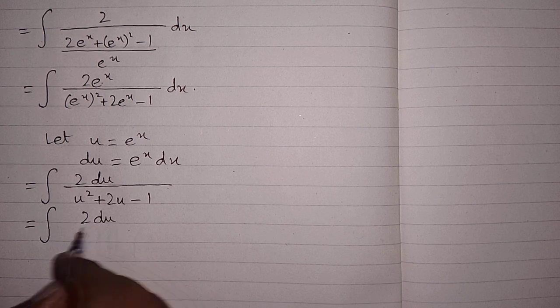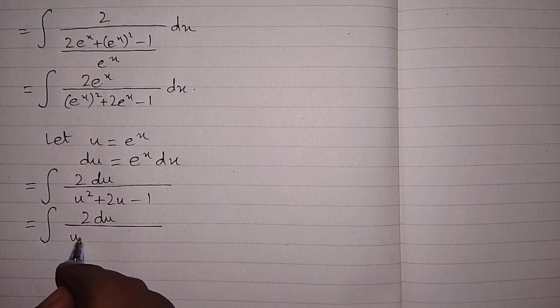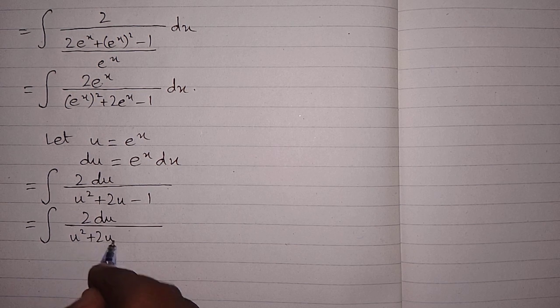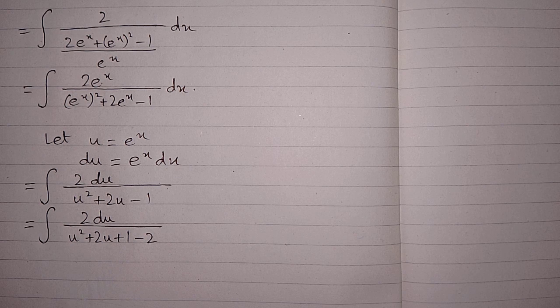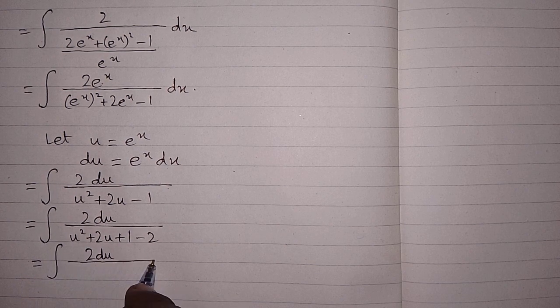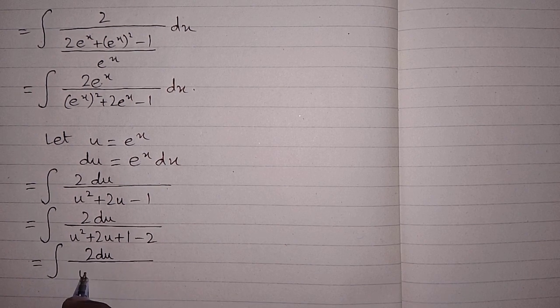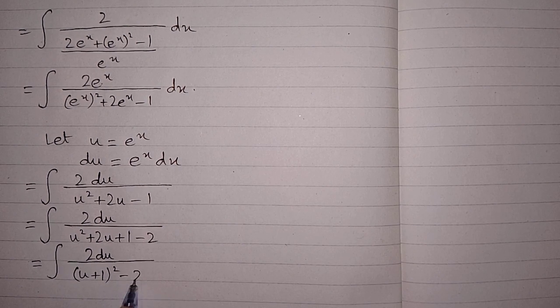Now this can be written as integral of 2 du upon u square plus 2u plus 1 minus 2, because 1 minus 2 is minus 1, and here we can apply the algebraic identity. So we have 2 du upon u plus 1 whole square minus 2.